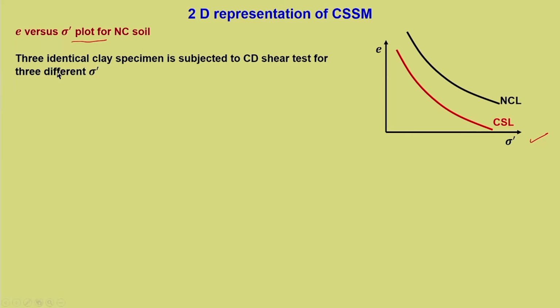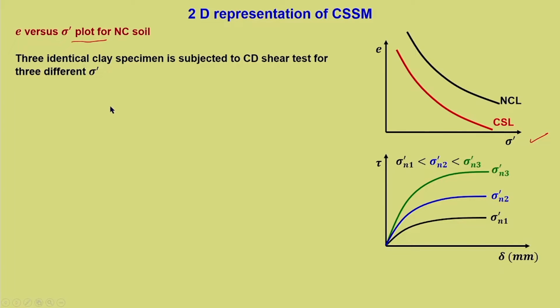Similarly, we are now considering 3 identical clay specimens subjected to CD test, and since it is normally consolidated, you can see the shear stress versus shear displacement. It is not in terms of strain, it is in terms of displacement, for 3 different normal stresses where sigma n1 dash is less than sigma n2 dash less than sigma n3 dash.